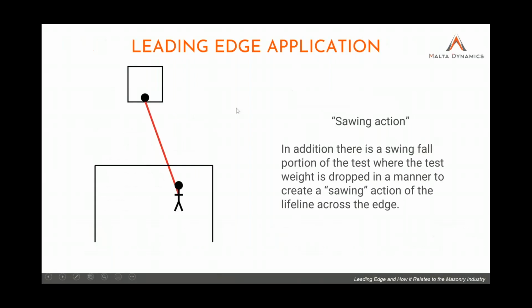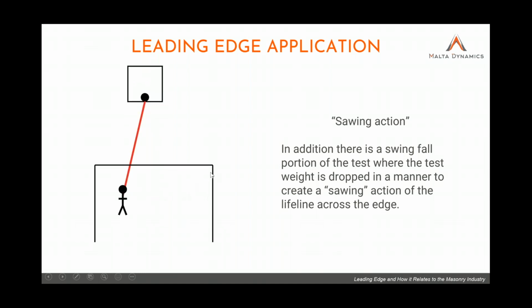Now, we have to talk about sawing action. The reason we want to talk about this is because there are situations whenever you have a swing fall, right? That's where the worker has moved away from underneath the anchor point and falls, and then you have that swing, and we can see this stick figure here is going back and forth. And that's illustrating, if you will, the swinging motion.